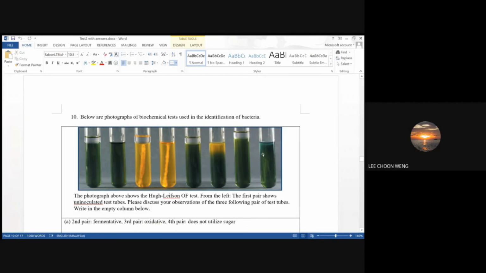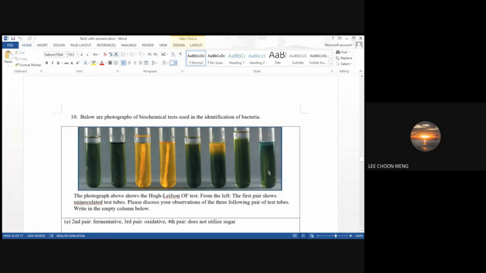Okay, but here you see it's bluish, right? That means there's some change versus the reference uninoculated. That means something is growing. But even though it's growing, it's atypical. It doesn't look normal, because it doesn't utilize the sugar here. So usually the term they use is non-saccharolytic. It doesn't use the saccharides that are present in the media.